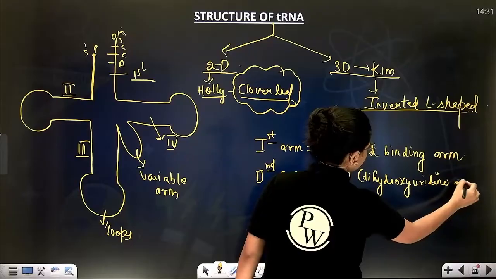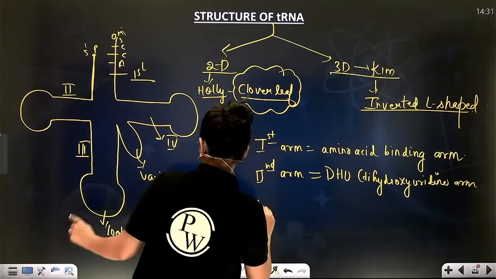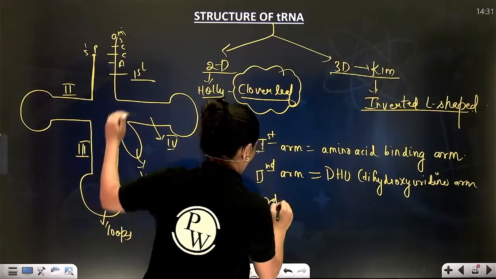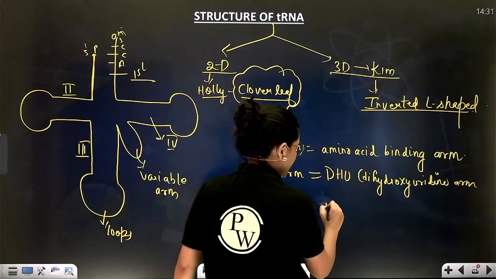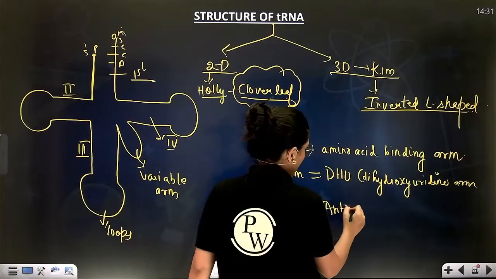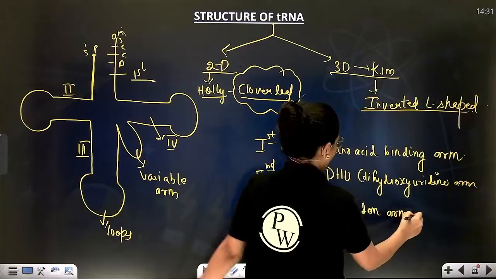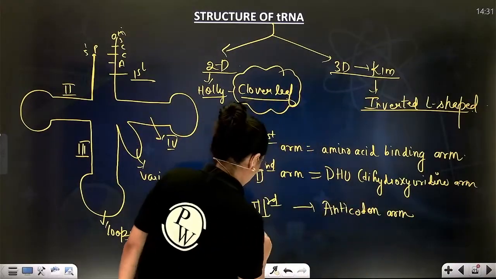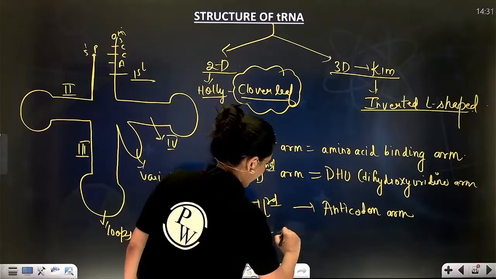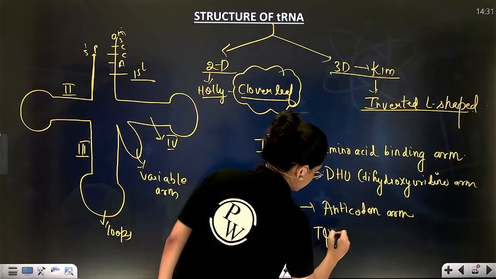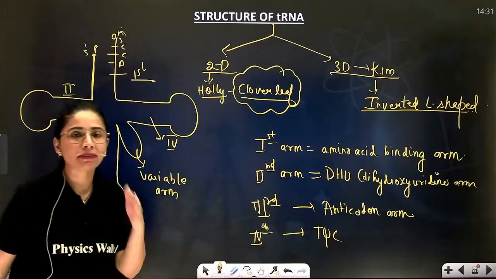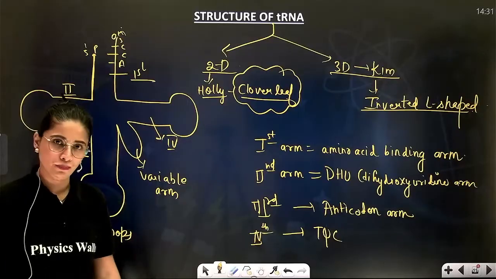The third arm, the one which you see over here opposite to the first, is known as the anticodon arm with anticodon loop. And the fourth which you see is known as the T-psi-C arm or ribosomal binding arm with a loop, right?